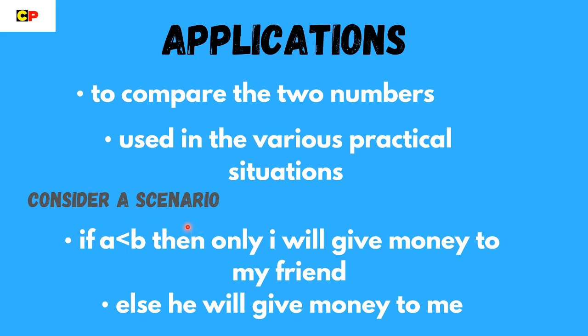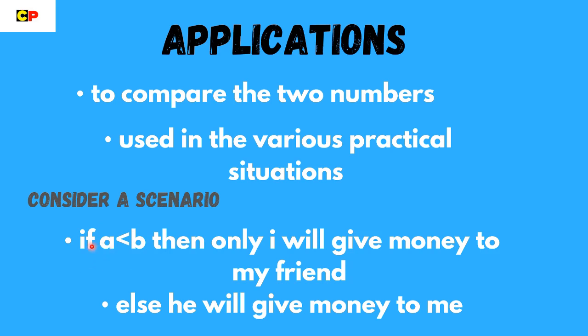Now suppose we consider another scenario. Suppose that A and B are two positive values, where B corresponds to the money that I have and A corresponds to the money that my friend has.